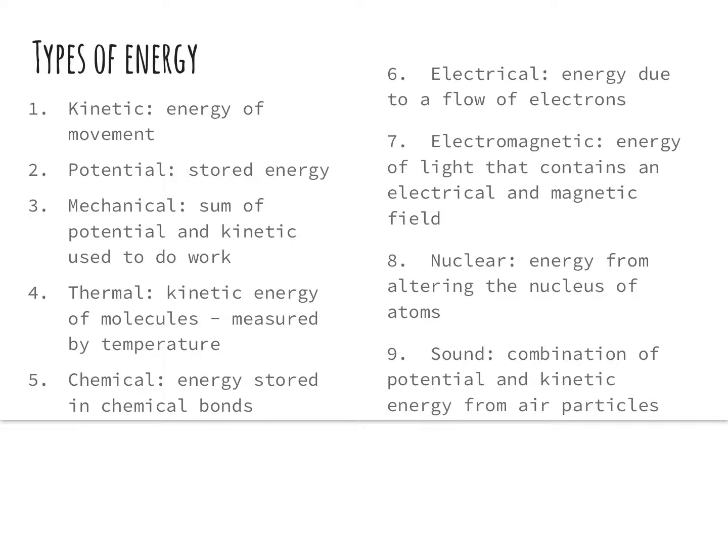So electricity and other things are the way they are because electrons are flowing. Electromagnetic, as I said earlier, has to do with light, with electrical and magnetic fields. Those are going to be light waves and radio waves that we talk about later. Nuclear energy comes from altering the nucleus of the atom.